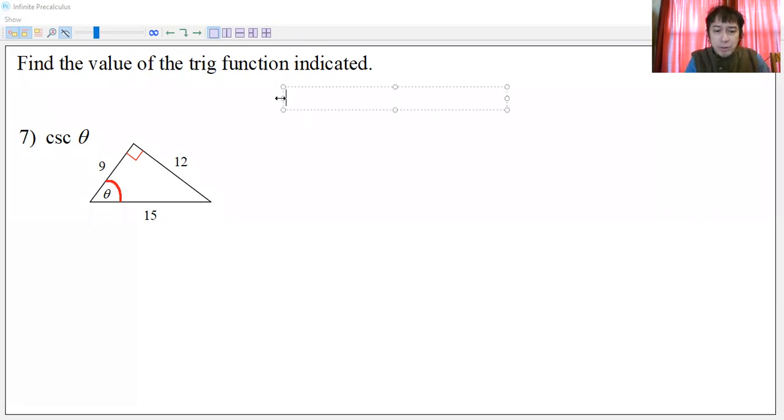So let theta be equal to angle A. We don't have the Greek letter on our keyboard, so for an immediate display of that, we shall use the angle A. So I'll just put a letter A over here.